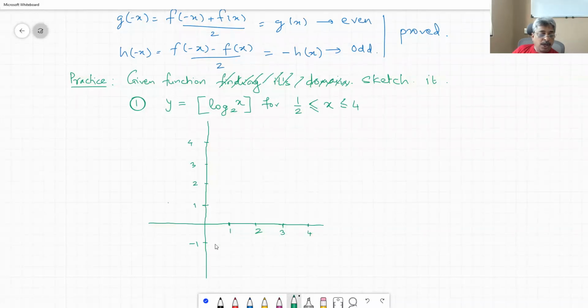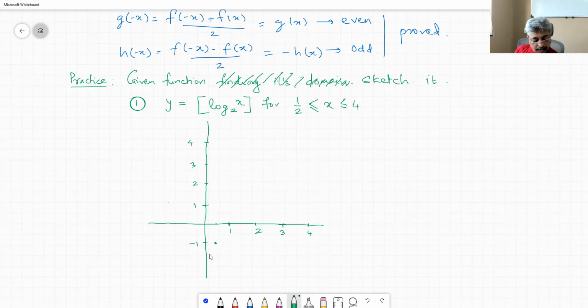You are supposed to start from x is equal to half. If you substitute x is equal to half in the equation, you get the value of log x to the base 2 as -1. So your graph, this is going to be your first point.